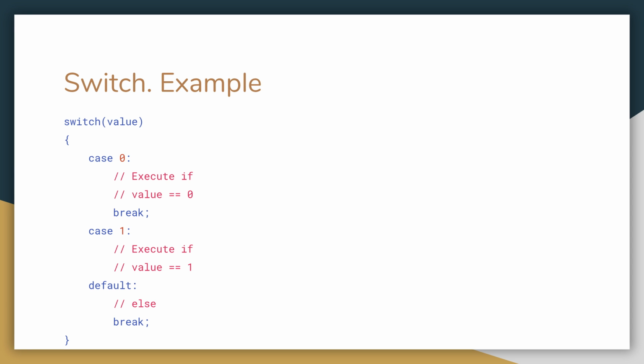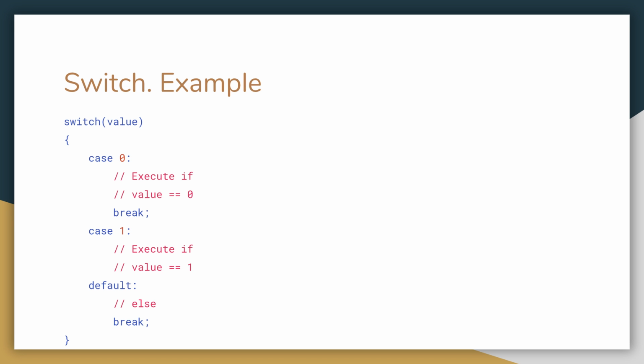Alright, so the example looks like this. You have some value, let's say the value is of type int, so you check if the int value is 0, you execute that piece of code, and you stop checking other cases with a break statement. That's the way that switch tells to stop and not check other conditions.